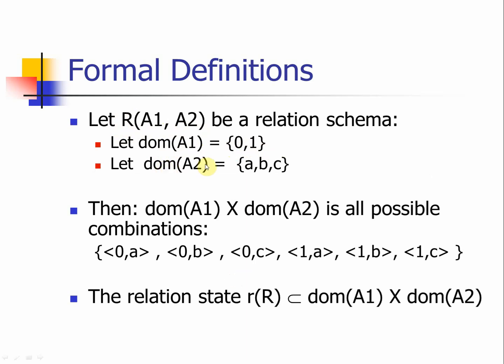For the domain of A2, there are 3 possible choices, A, B and C. When R is defined by 2 attributes, and we also define the domain of each attribute, you will understand that for this relation there are only 6 possible combinations, because 0 can pair up with A, B, and C, and 1 can pair up with A, B, and C, so you end up with only 6 different values that you will be able to store.